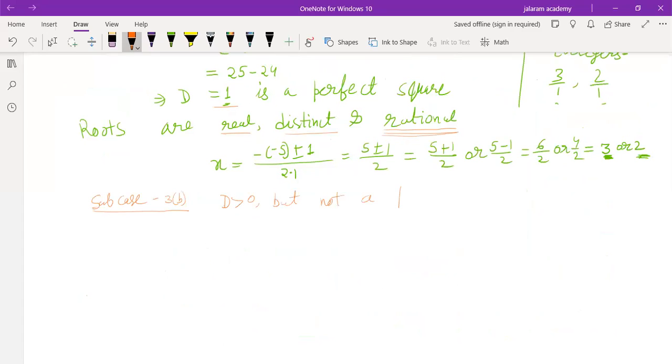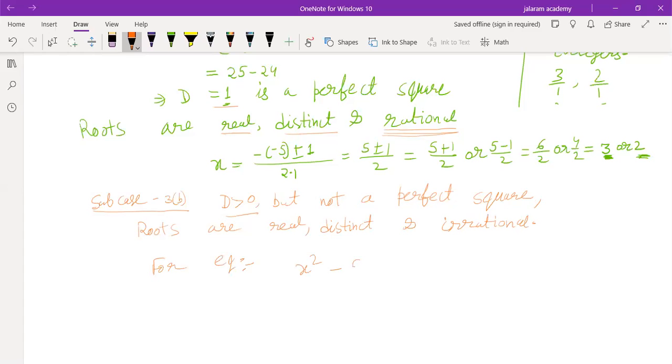Then roots are real, distinct also, and the third thing, they will be irrational. Okay.